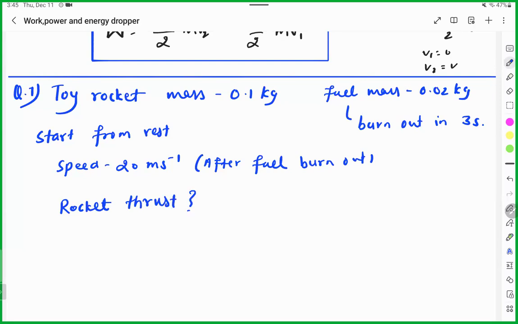And what is the energy content per unit mass of fuel?